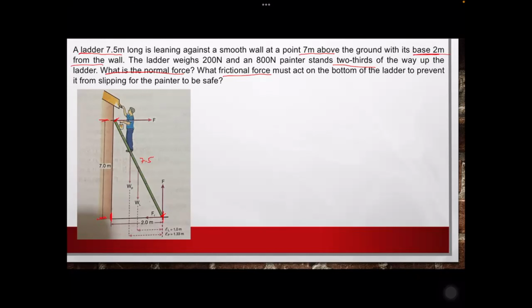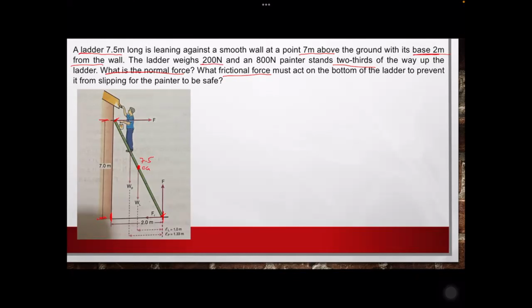Now, paano nakuha itong lever ng ating person? Ang center of gravity ay nandito sa gitna. That is the CG, the center of gravity. Now, yung weight ng ladder ay 200.